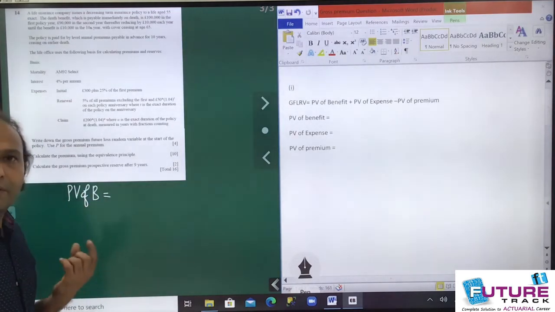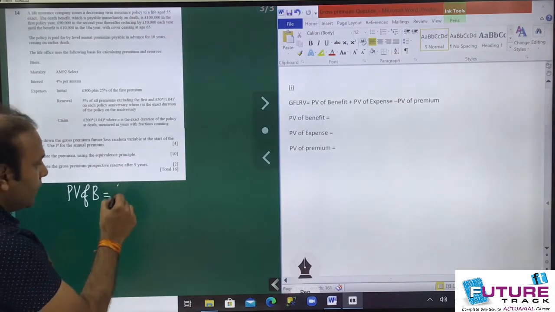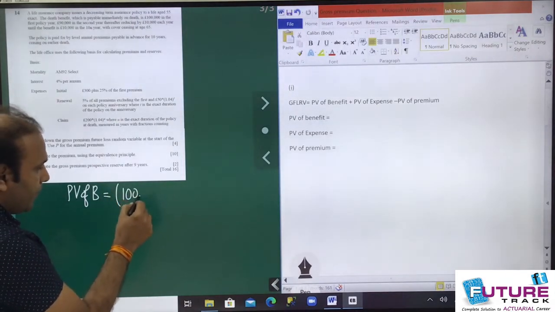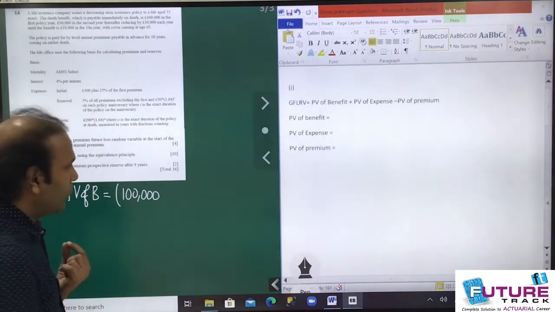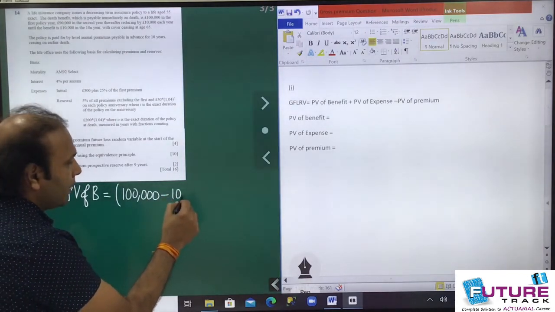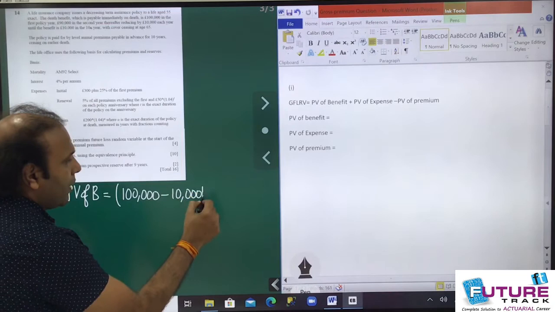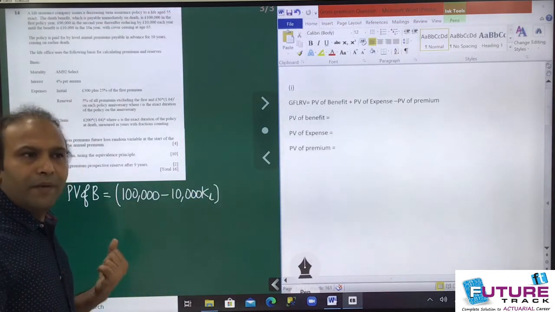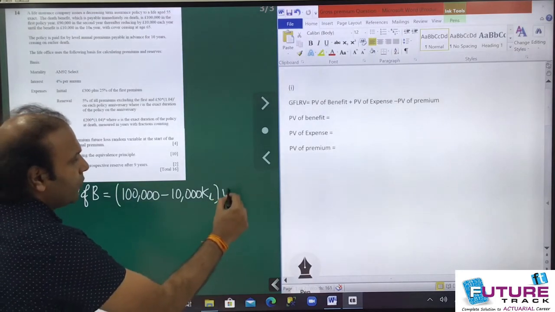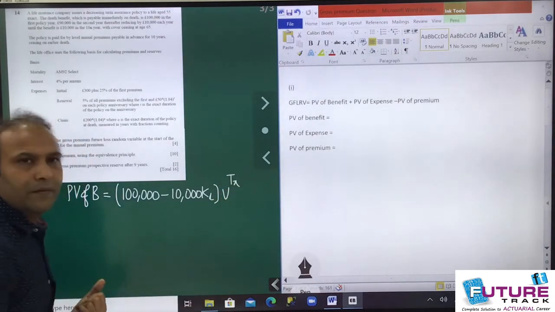We have a decreasing term assurance. So it is 1 lakh. See, decrease is simple. So we are using a simple random variable 10,000 K_x. Since the benefit is given immediately on death, so it is v raised to power T_x.